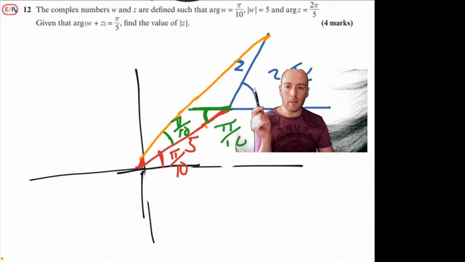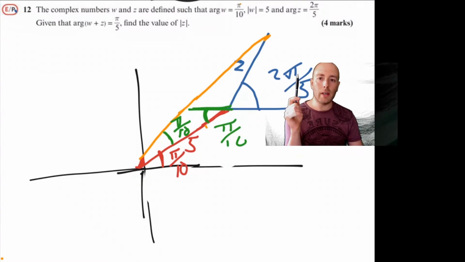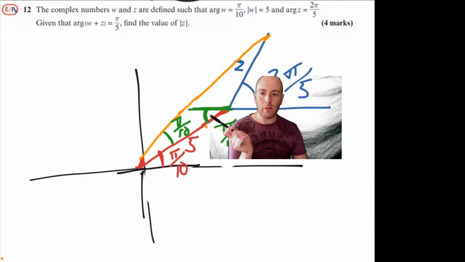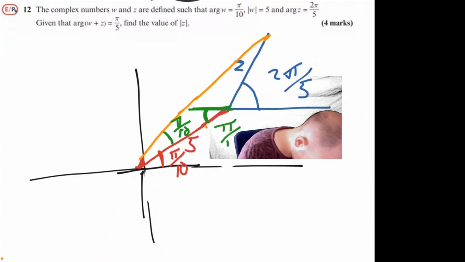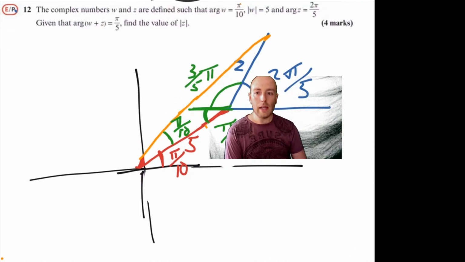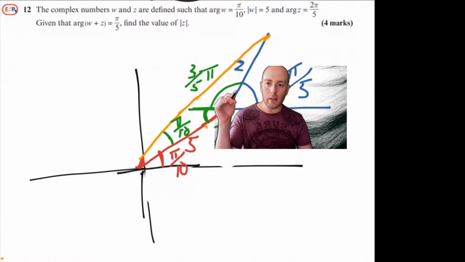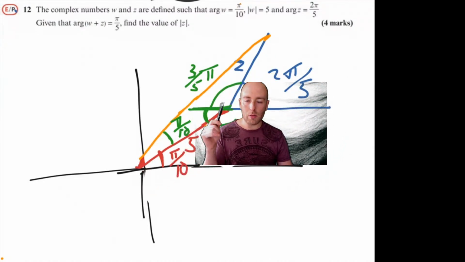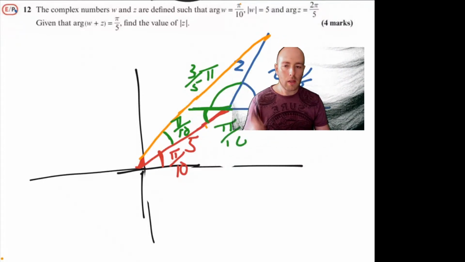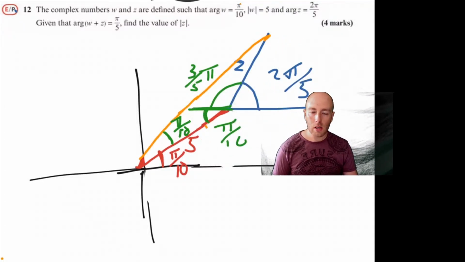I can work out this bit. If this is 2/5 of pi, this is going to be 3/5 of pi. And so we've got a triangle where we know one side, we know 2 angles. Now we can work out this angle, therefore we can find the other side lengths.